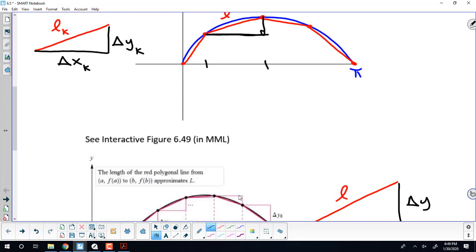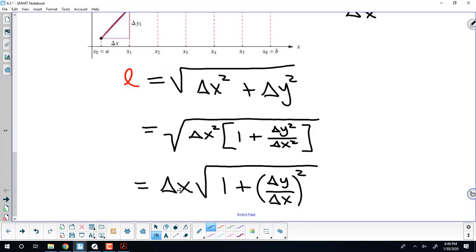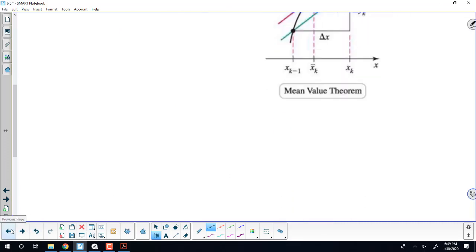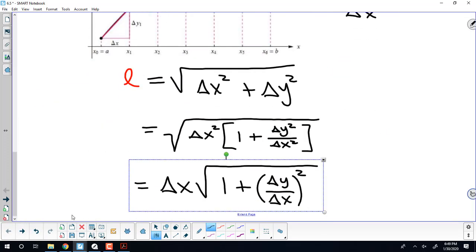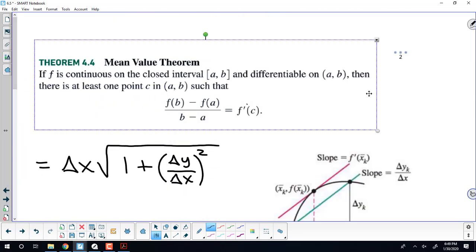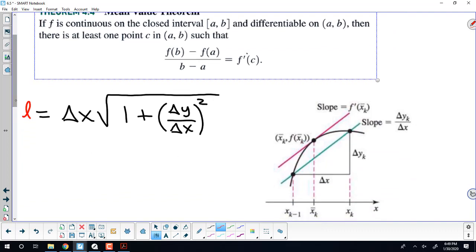So then we copy this. Make sure that's still there. So then, based off of the mean value theorem, remember this length was just a generic length for a line segment. But with this theorem, what we're able to do is to turn this into the derivative.